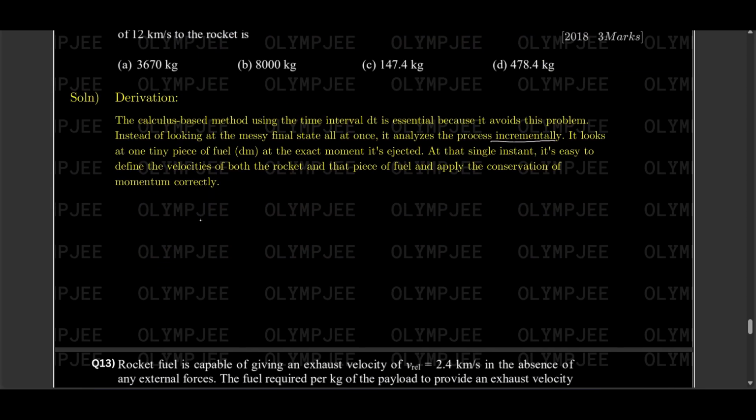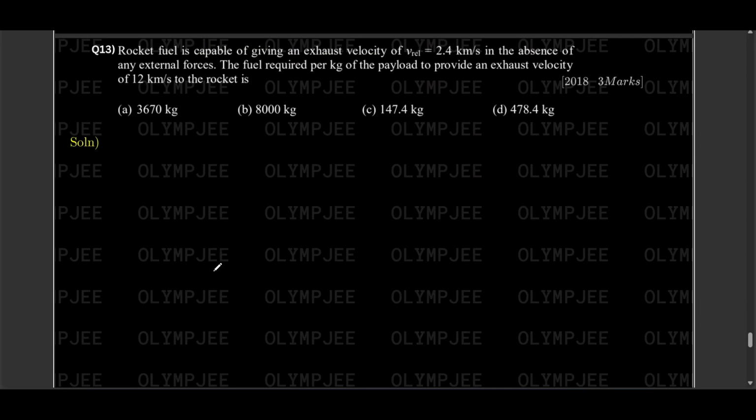So the initial condition is that the rocket is moving with velocity v and the mass is m. So I can write that p before is equal to mv, and now I will look at the final state.